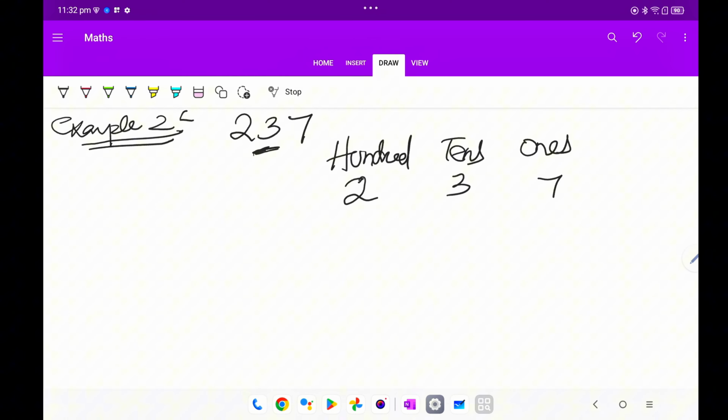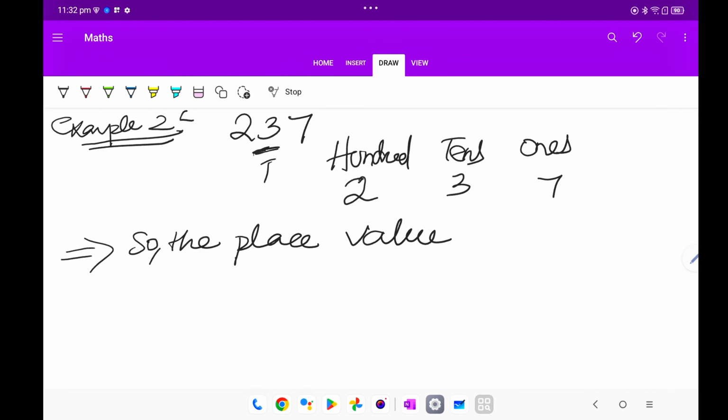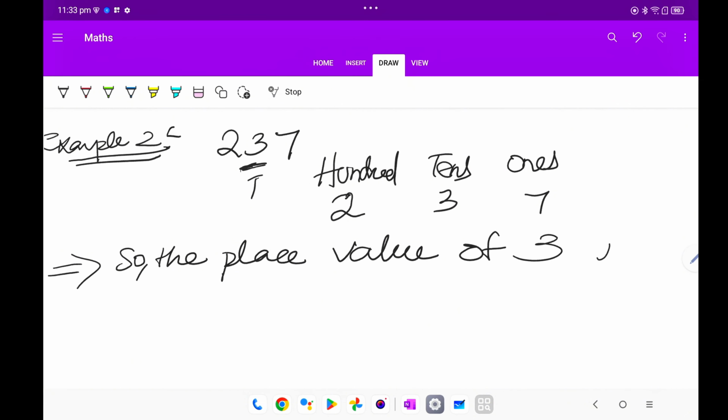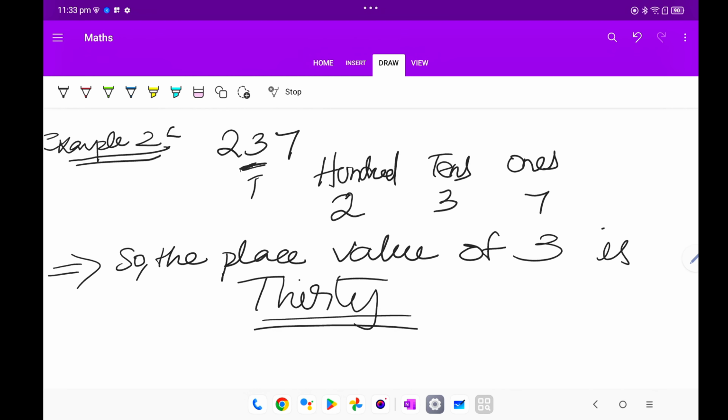Since the underline is given on the 3, the 3 falls under the category of tens. So the place value of 3 is 30.